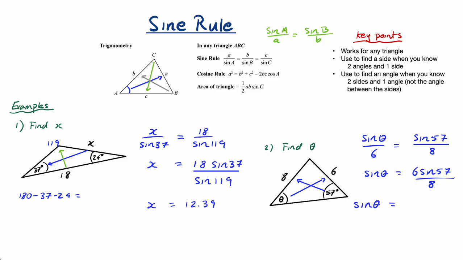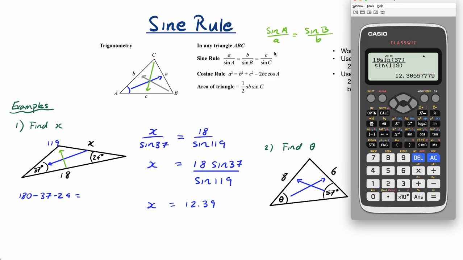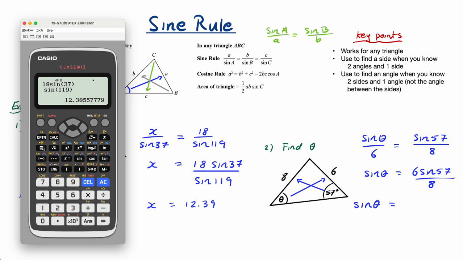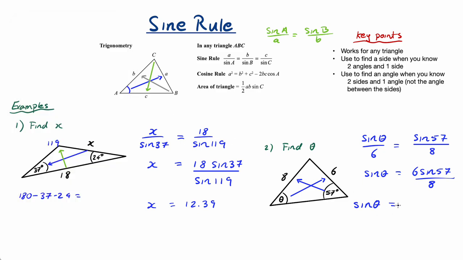So 6 sine 57 over 8 is 0.629, and actually, guys, I'll just do dot dot dot to indicate that I've left it in my calculator, and then theta is the inverse sine of that.